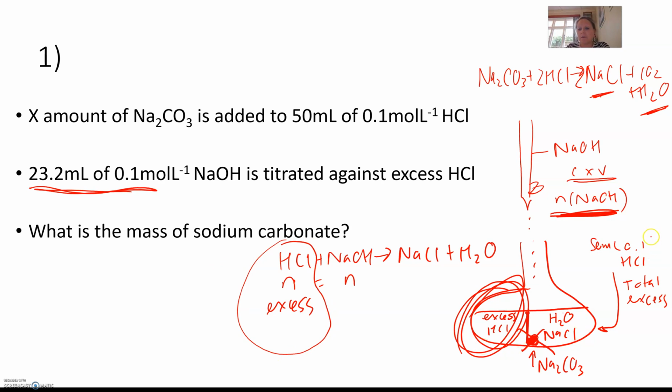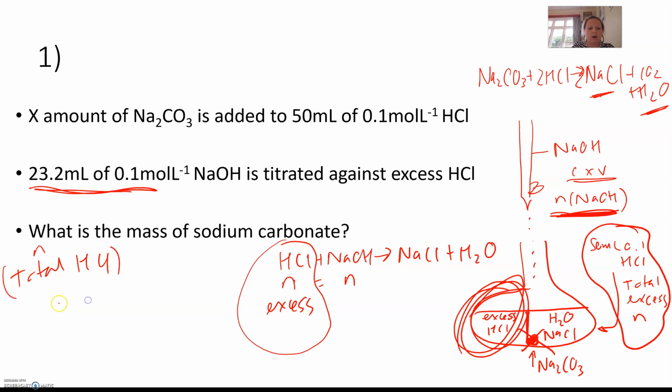And if we know the number of moles of HCl from the beginning, because we had a concentration and a volume of the total amount of HCl added, so if we've got total HCl, and we know the number of moles of total HCl, and we know the number of moles of excess HCl that was left over afterwards, then we can subtract the number of moles of HCl excess, and that'll give us our number of moles of HCl that reacted with the sodium carbonate.